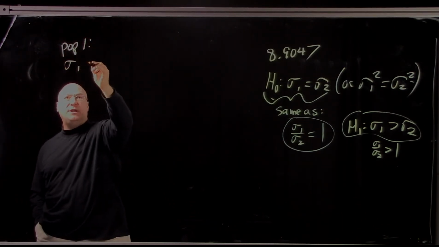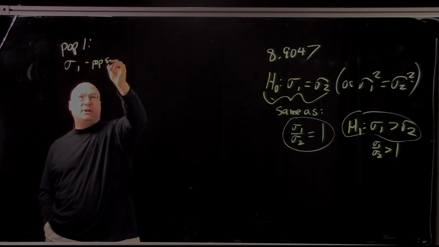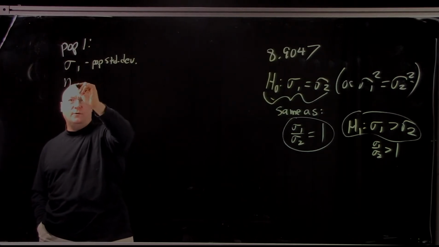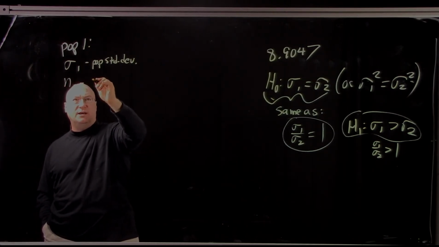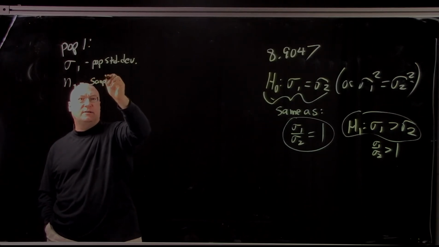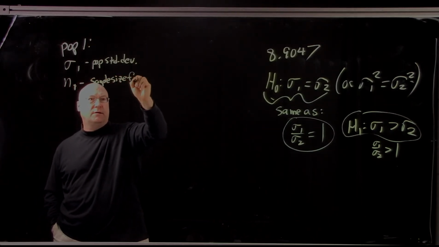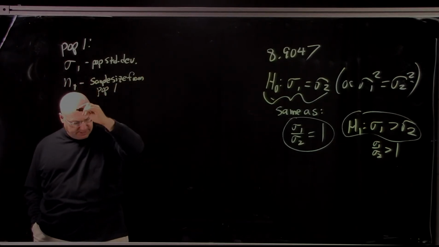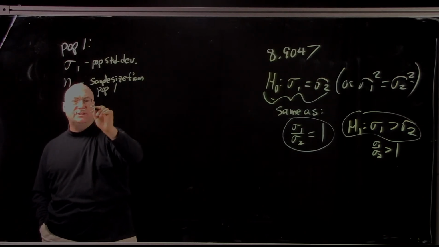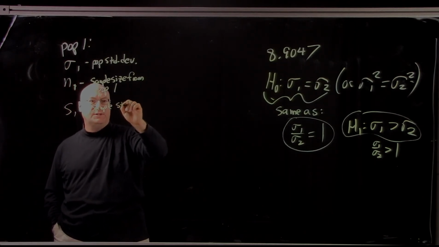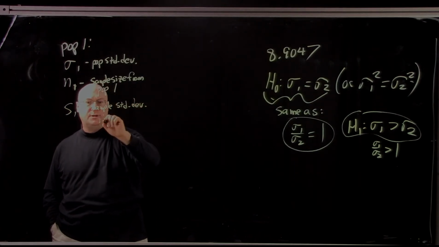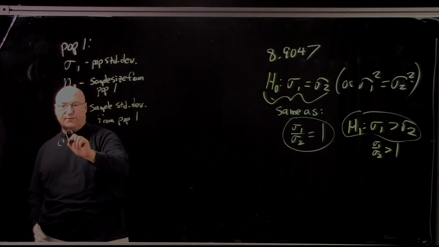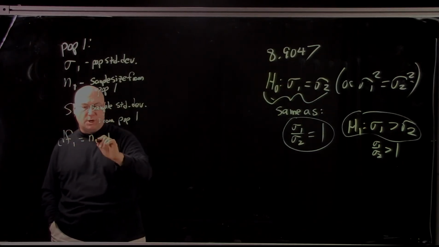So we get population 1 is just what? We have sigma 1 is the population standard deviation. N1 is the sample size from population 1. And then I say S1 is the sample standard deviation from pop 1, and degrees of freedom 1 will be N1 minus 1, of course.